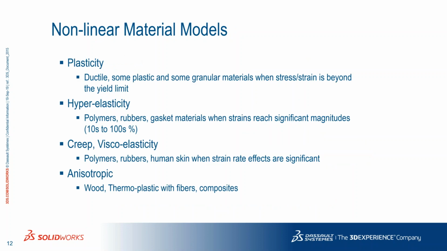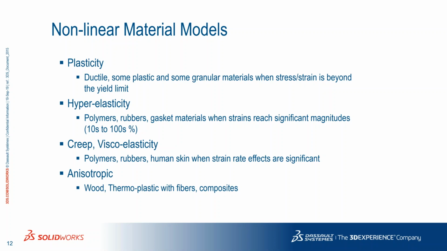So let's talk about the nonlinear material models. These are some examples of the models I will explain in this webinar. Plasticity is a very important model, and a very important effect that you want to understand. So basically, you have a displacement or a force that is producing a strain in the material that is permanent.